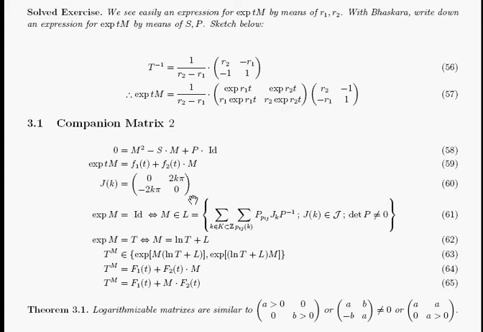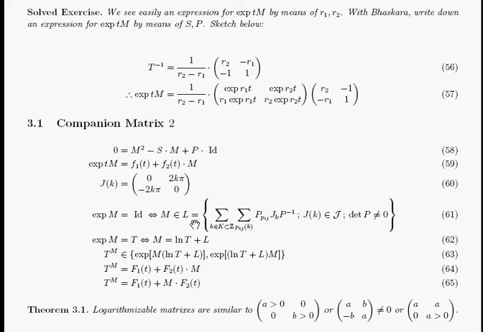And with this block of Jordan, it seems 0 plus 2 k pi I. It's complex: a minus b, b, a, where a equals 0. The exponential of M is the identity if and only if M is the logarithm.